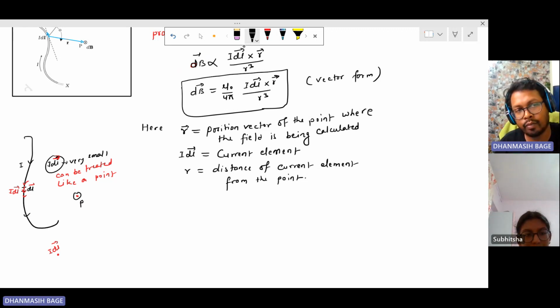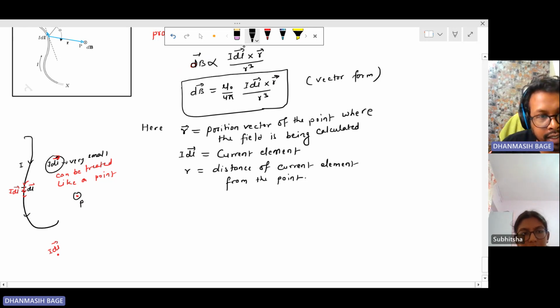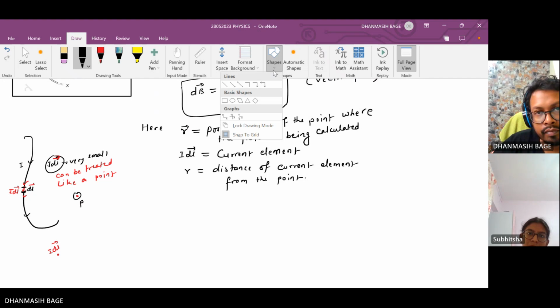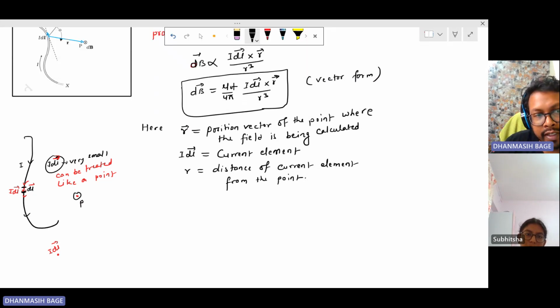So we divide the wire into an infinite number of current elements. Now our current element is this. First of all, I will find the position vector of this point. This is the r vector, the position vector of this point P, and this is the I dl element, right?